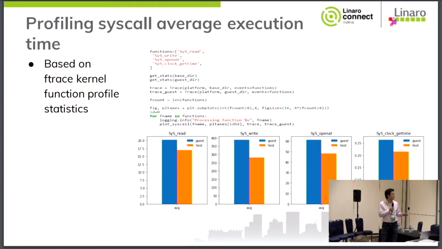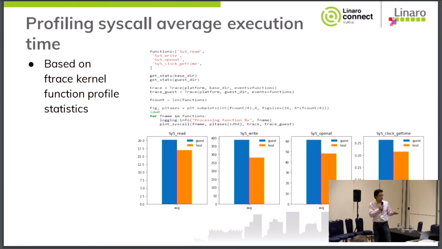This is a system call function profiling based on the LISA function profiling feature. We can easily visualize the system calls in the guest OS and in the host OS.